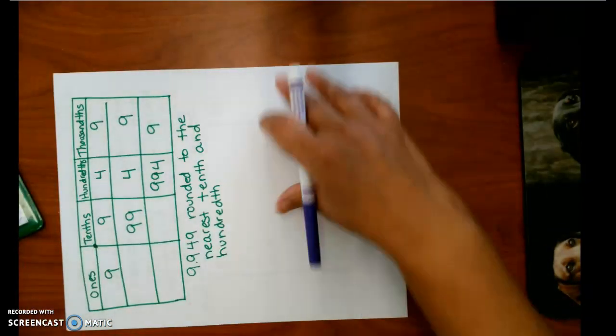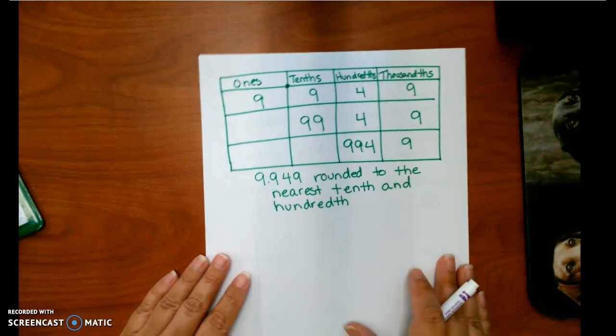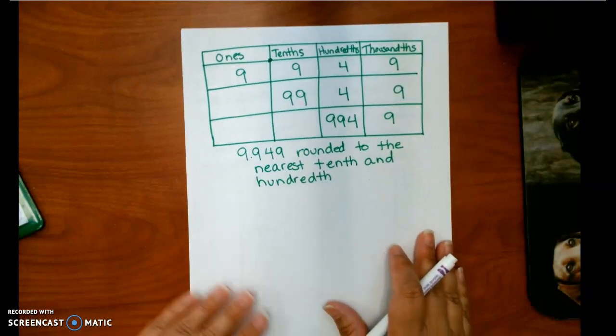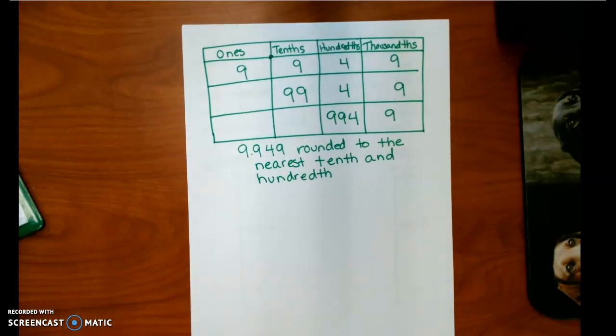Now, we're going to round 9 and 949 thousandths to the nearest tenth and the nearest hundredth.